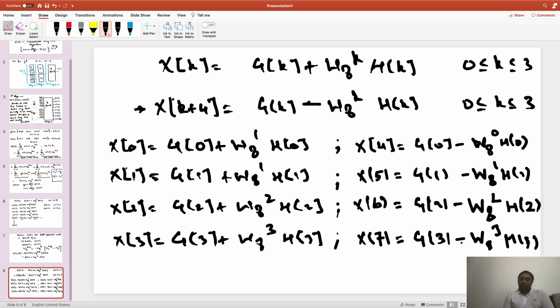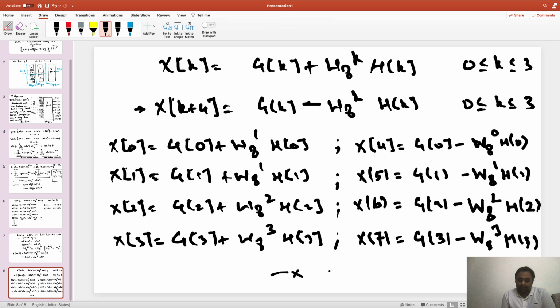Right. So that way I have written all the DFTs capital X from 0 to 7 in terms of capital G's and capital H's, which range from 0 to 3. This model, in the next video, I will try to represent in some sort of a model which is often known as butterfly model. So this is the first stage, and the first stage ends here.